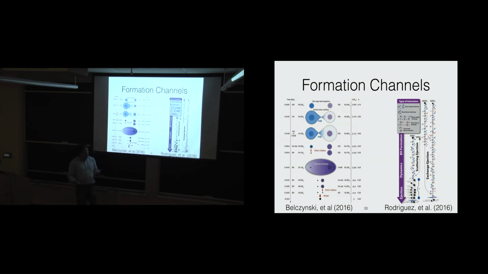The alternative scenario, what might be called the dynamical formation scenario, is you have some dense stellar environment, a globular cluster or a nuclear star cluster in a galaxy, and you have ordinary high mass stars that possibly are even alone, or certainly maybe they have a companion, they don't interact much with their companion. They go through a supernova that makes an individual black hole, and now that's a heavy object.